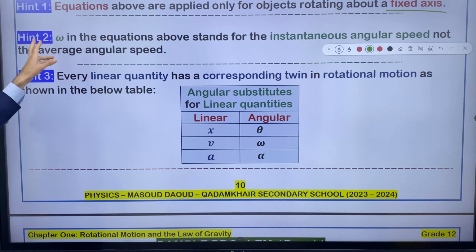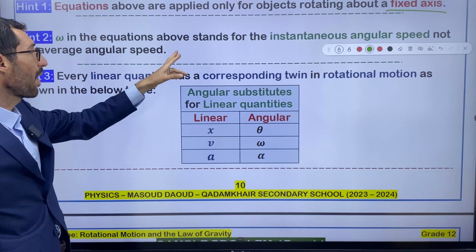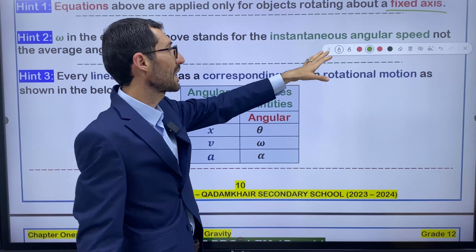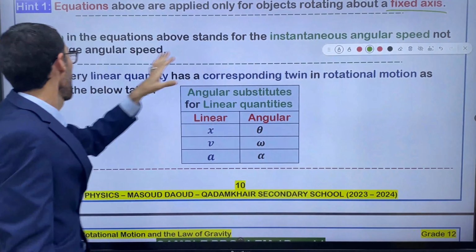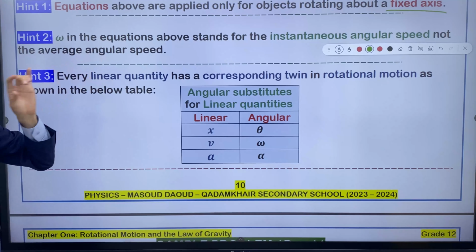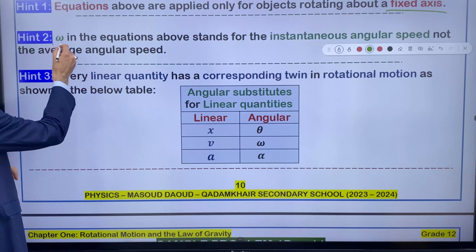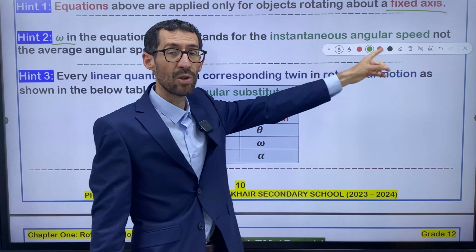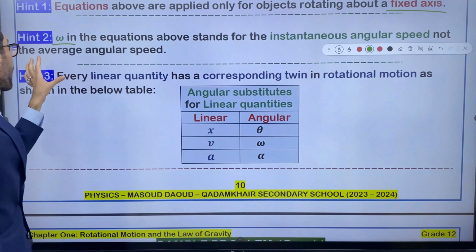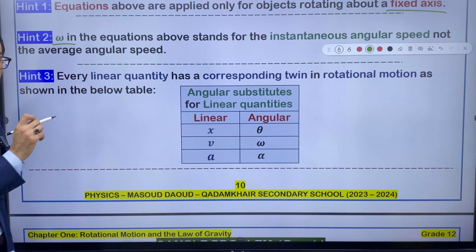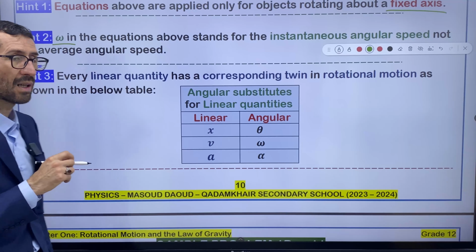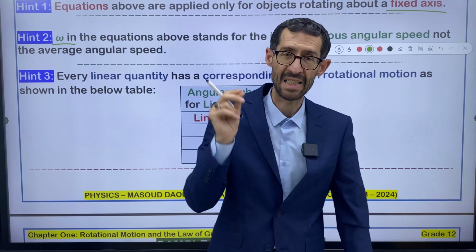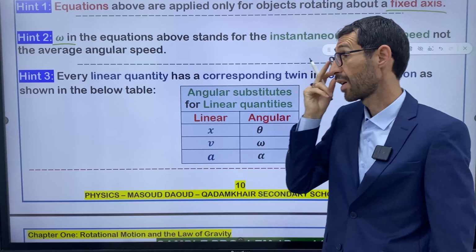So hint number 2: omega in the equations above stands for the instantaneous angular speed, not the average angular speed. Instantaneous means you can measure it at any instant, at any moment.